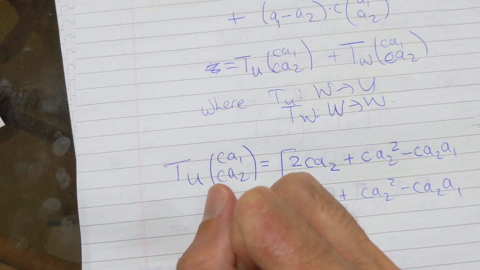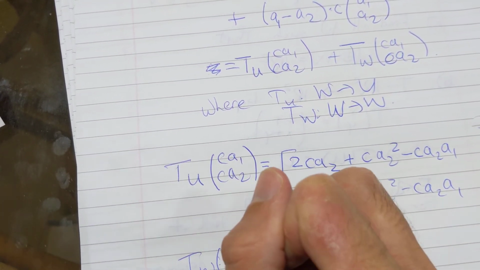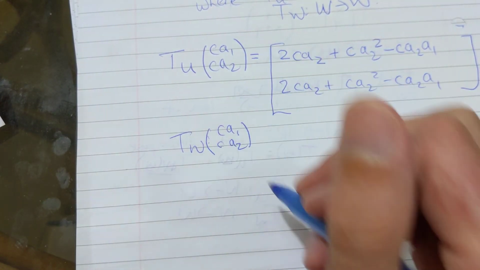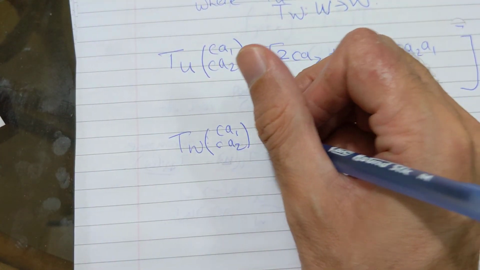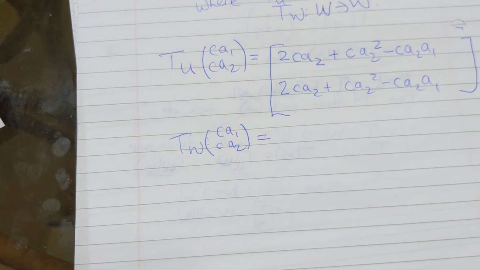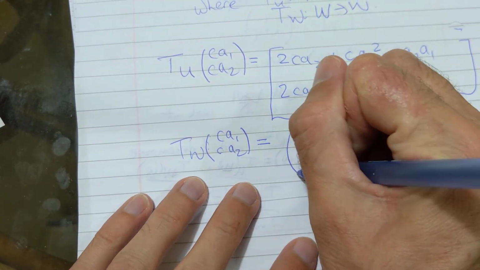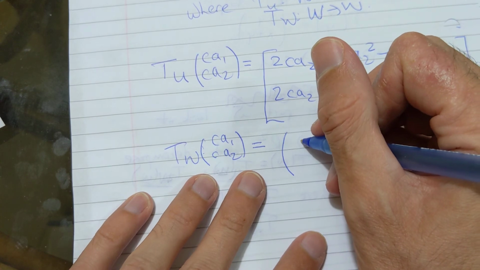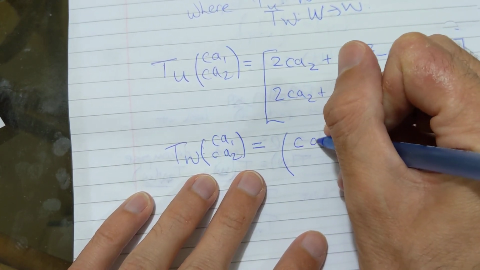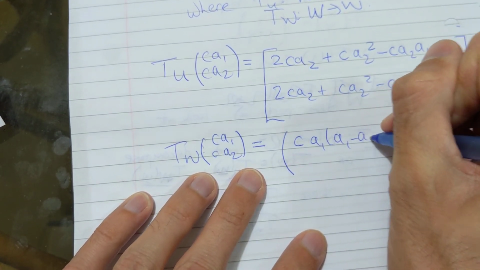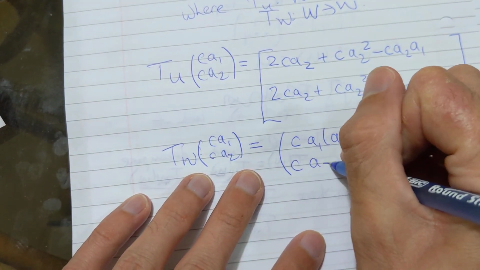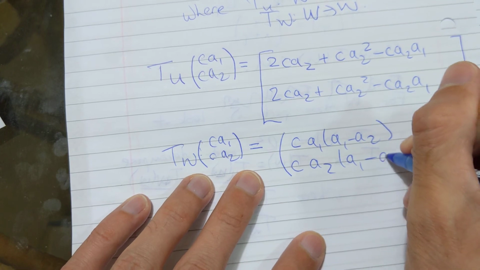Now TW is defined by, well, it takes a vector in W. Vectors in W are just multiples of (A1, A2). If we write it out, it's just CA1 times (A1 minus A2), and then CA2 times (A1 minus A2).